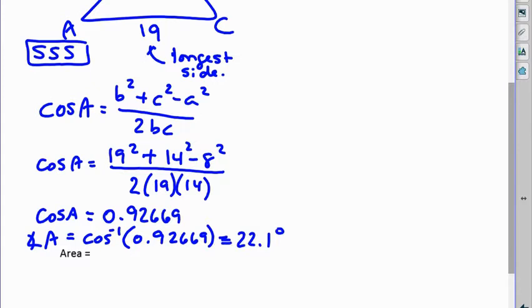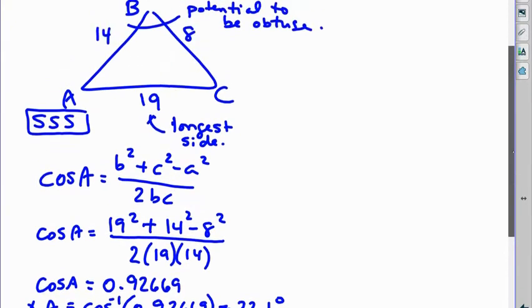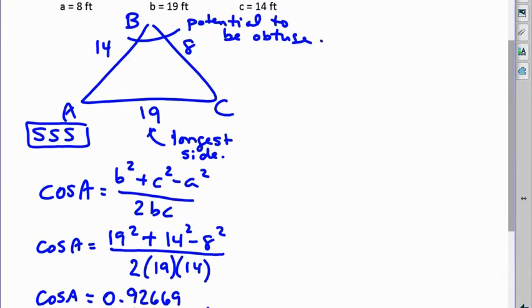Now let's say someone did angle A first, because A is the first letter in the alphabet, and they weren't thinking about which one was obtuse. So now that I've got my angle A, I might feel like, okay, let me use law of sines and get angle B with this relationship. Now if I do that, this is not recommended here.